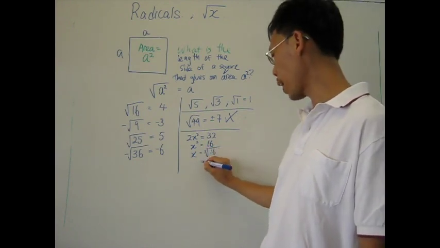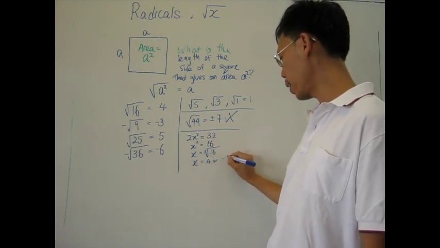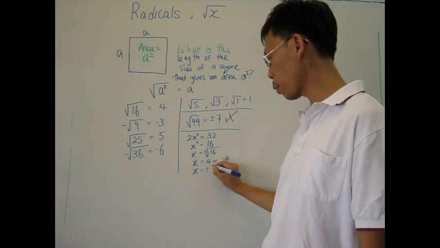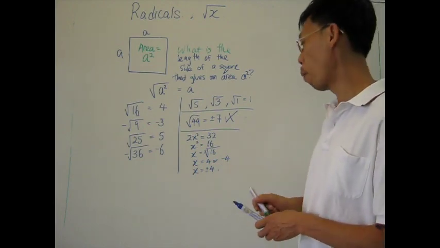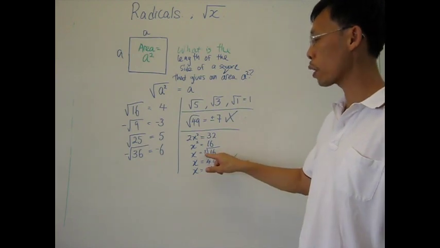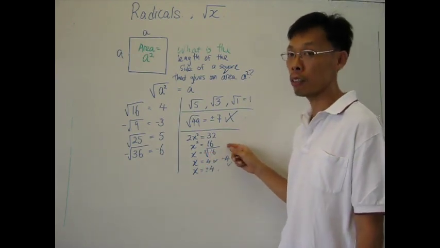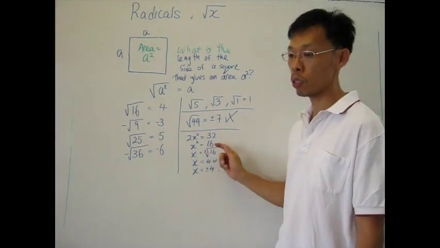So in this particular case, x here is 4, or x here is negative 4. Or you can write it as plus minus 4 as well. This or this is both acceptable. So we have a plus minus like this. So you can think of the square root, or the radical, as the inverse of square as well. It's the inverse of square.